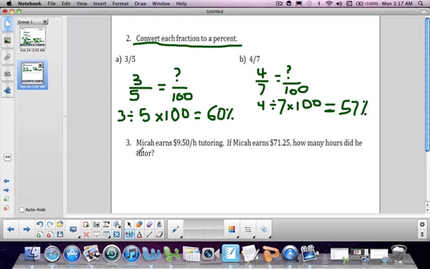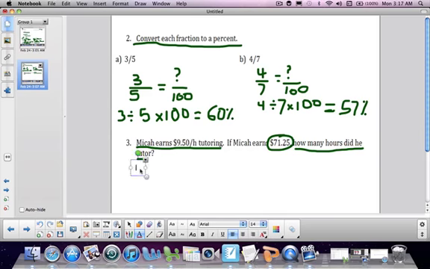Okay, and the last question says Mika earns $9.50 an hour tutoring. If Mika earns $71.25, how many hours did he tutor? So let's state the purpose of this question. Let's tell our reader what we're finding: number of hours Mika tutored.